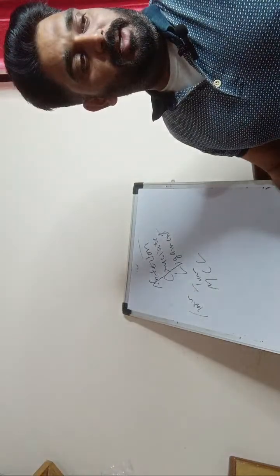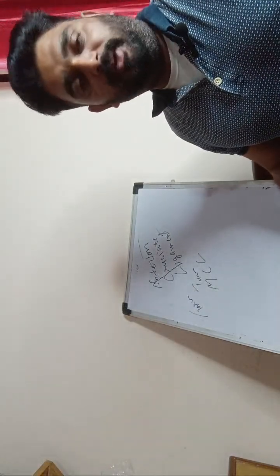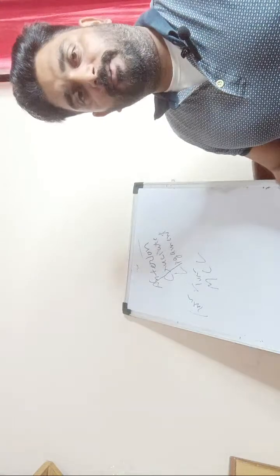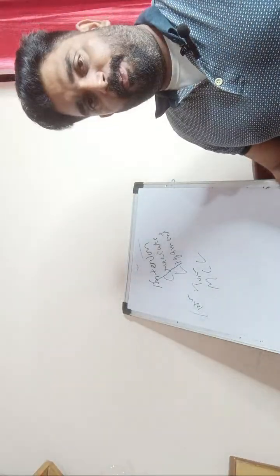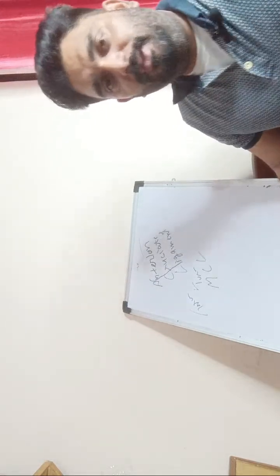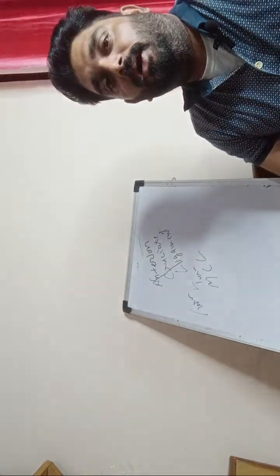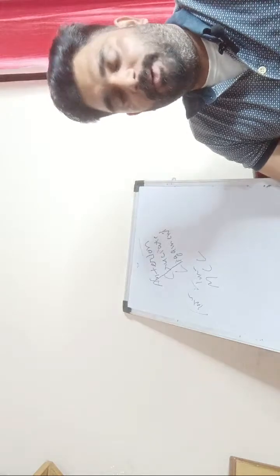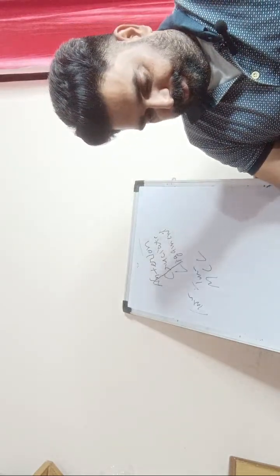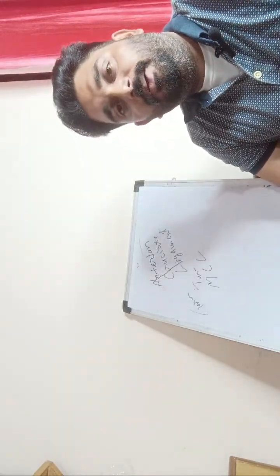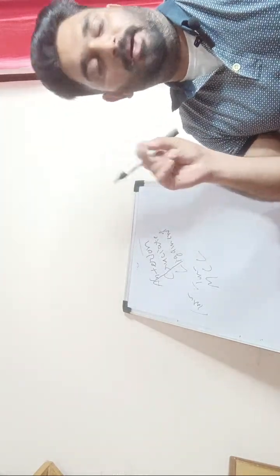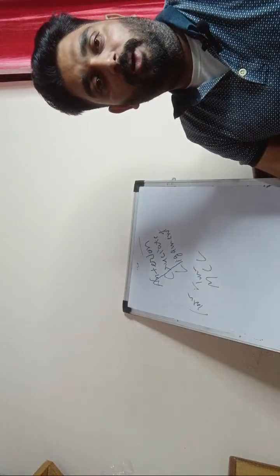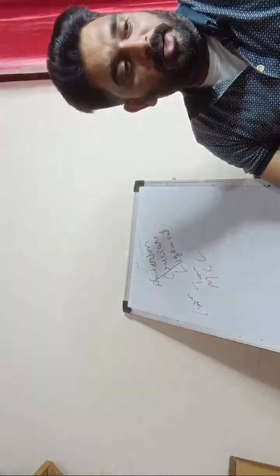Then the runner's knee. When we run on a hard surface for a long time, there can be pain in the knee, between the bones of the femur and tibia. There can be friction between the bones that leads to pain. It is called runner's knee.